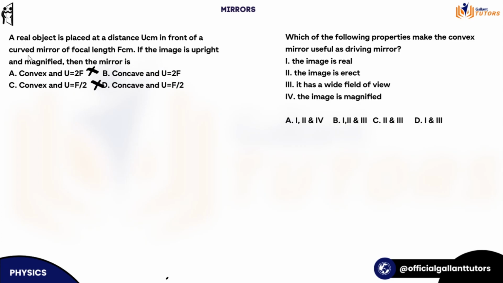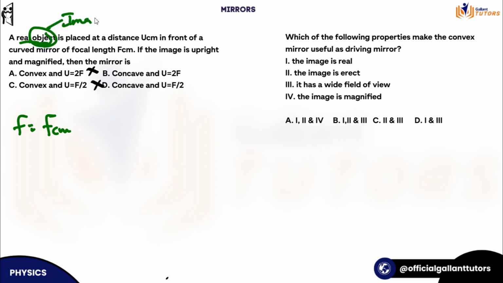Alright, so a real object is placed at a distance of 2 centimeter in front of a curved mirror of focal length f. So the focal length is what? F centimeter. If the image is upright and magnified, what do you feel?